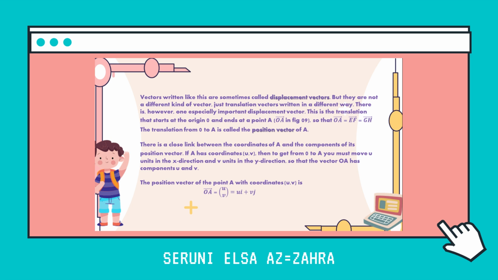The position vector of the point A with coordinates (u, v) is vector OA equals (u, v) equals ui plus vj.